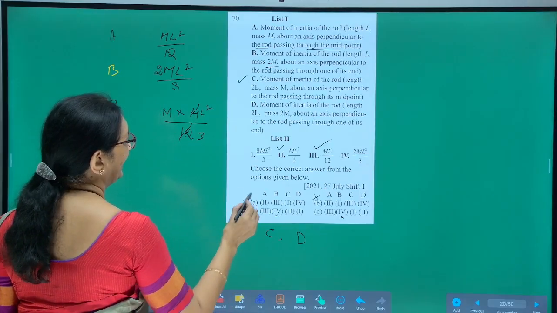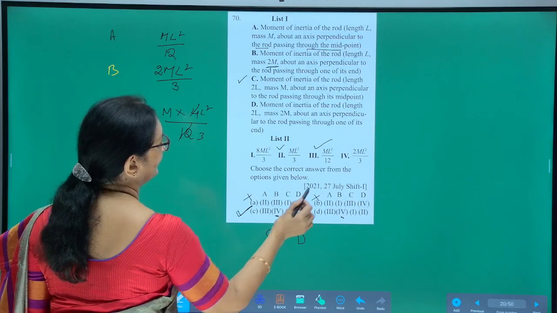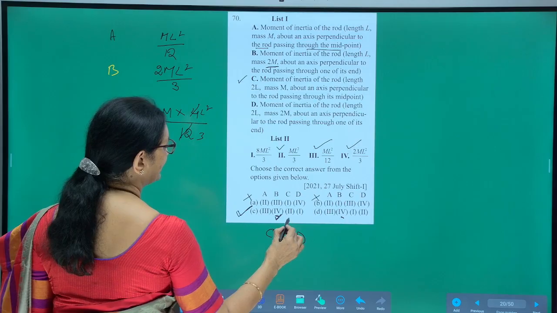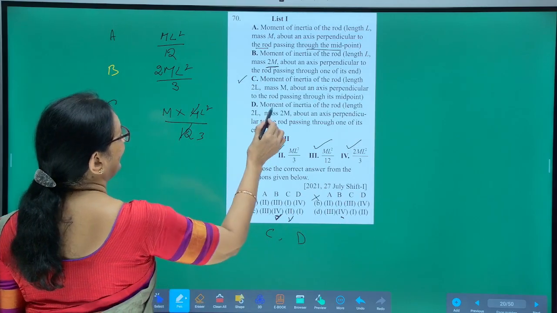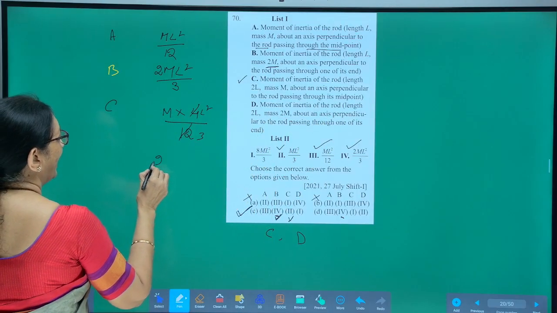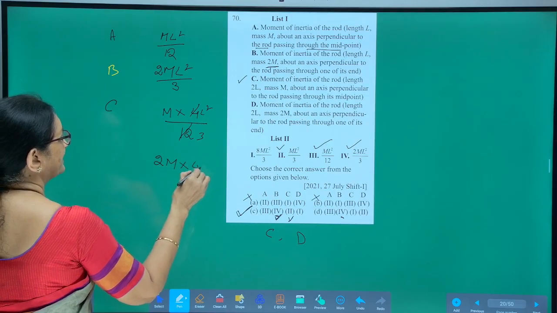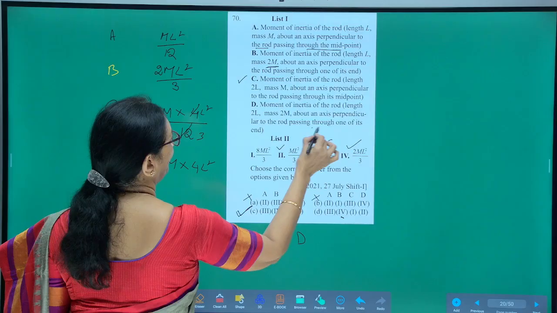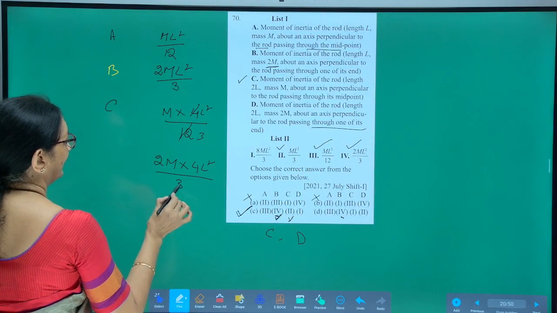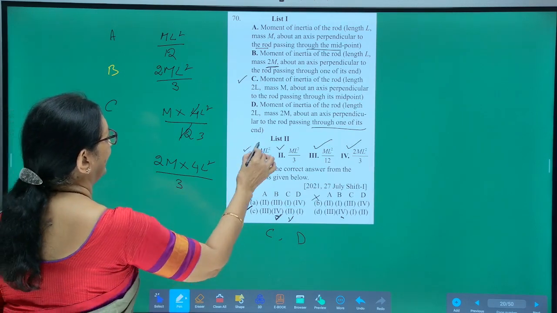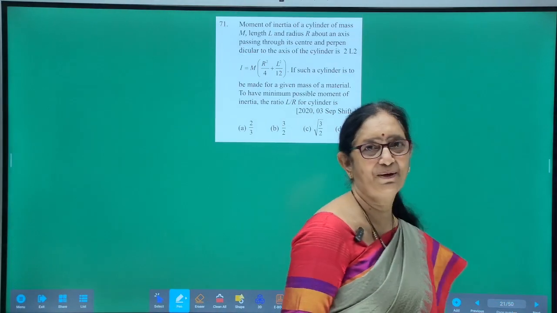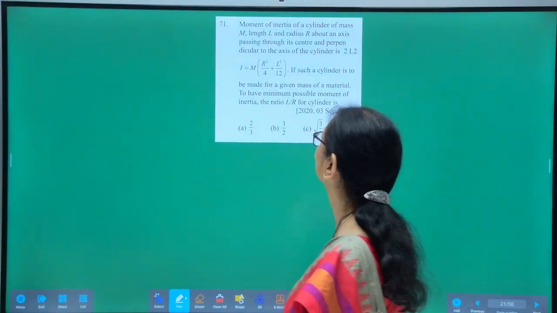So, for B it is 4, for C it is 2, for D the moment of inertia of a rod of length 2L, mass 2m, so L square is 4L square, perpendicular passing through one of its ends, by 3. This is 8 ml square by 3, that is 1. So, option C is correct for that problem. Move on to the next problem. Look here.